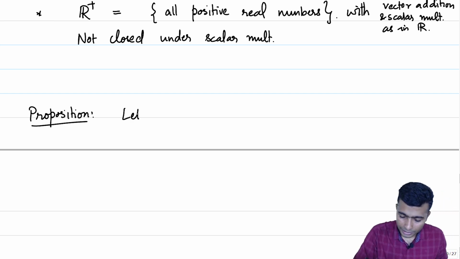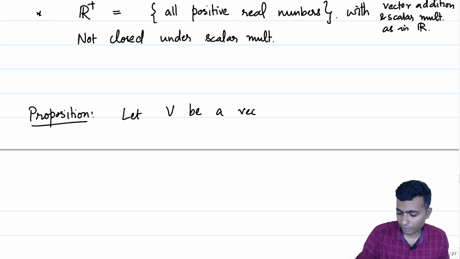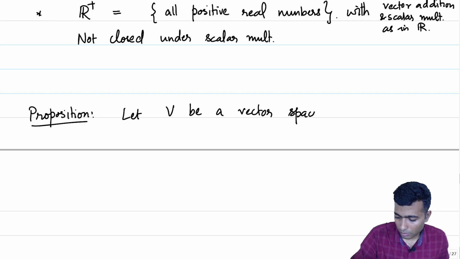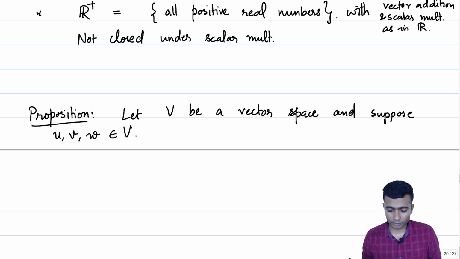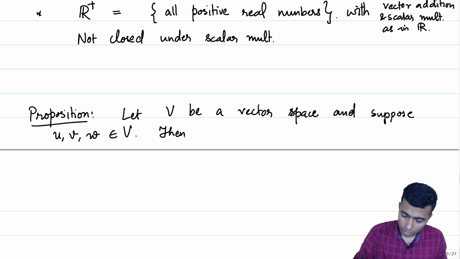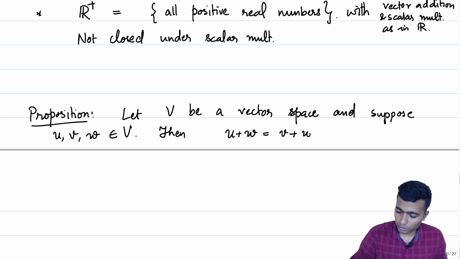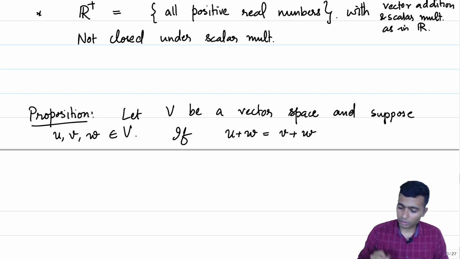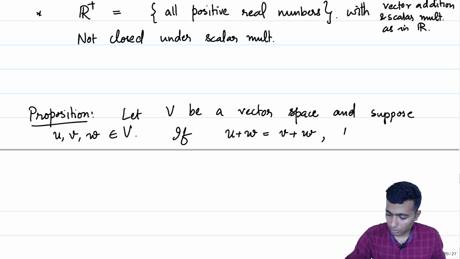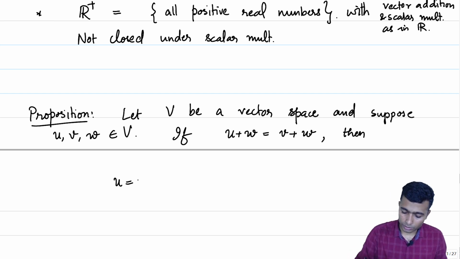Let V be a vector space and suppose u, v, w are vectors, suppose they are elements in the vector space V. If u plus w is equal to v plus w, then u is equal to v.